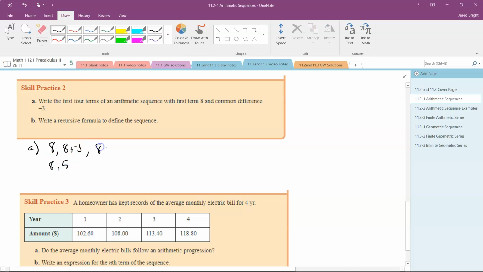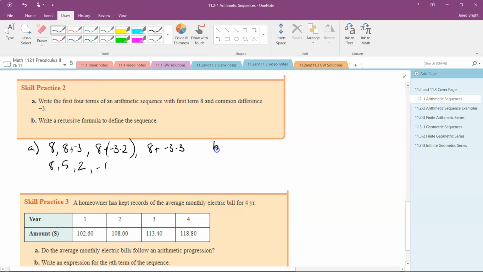Then 8 plus negative 3 times 2, which is positive 2. Then 8 plus negative 3 times 3, or minus 1. And you can start to see the pattern. Oh, I actually did the first part of the first question here, so we're good.